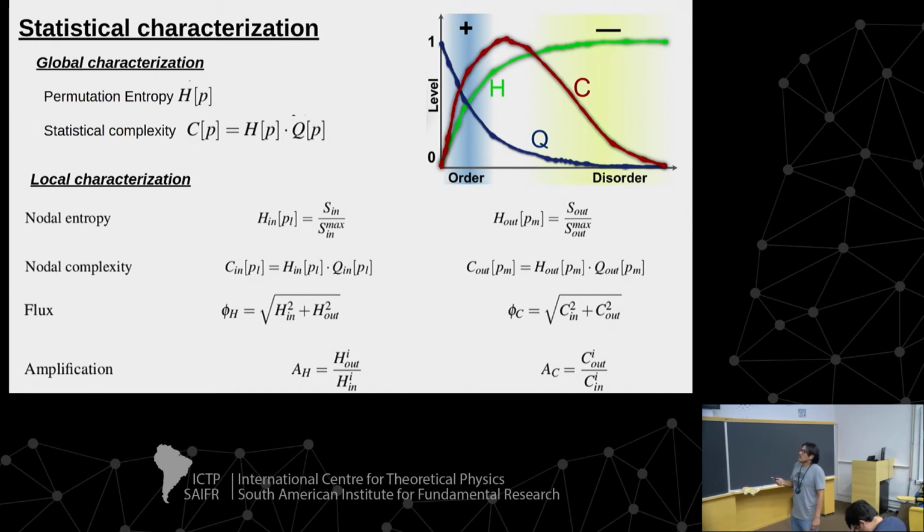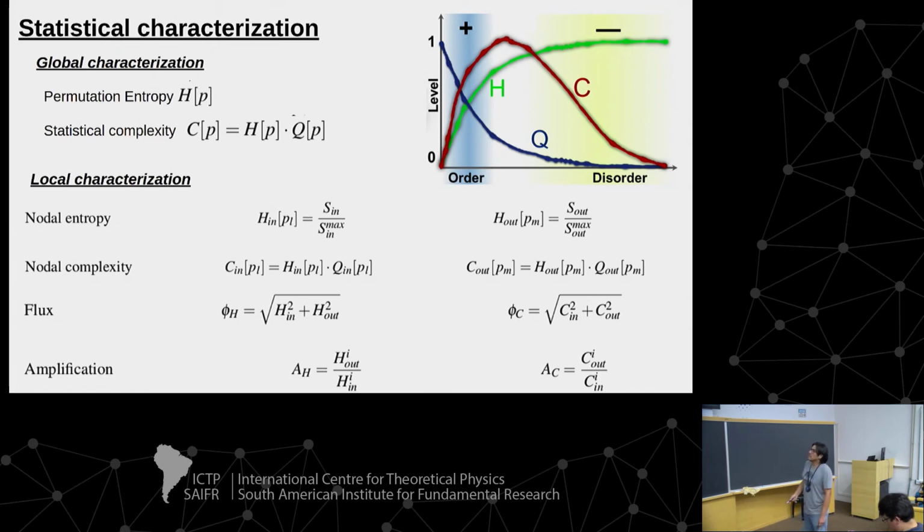So the measures that we introduce here for our contribution are based on this local characterization of the nodes that we get in the network from the time series of diseases.